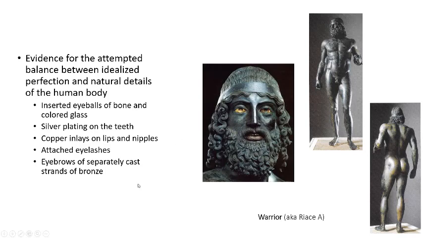There were even copper inlays, of the nipples, though I don't have a great picture of that, but you can certainly see the copper inlay of the mouth here, attempting to show the color. There were eyelashes attached, and the eyebrows were meant to extend. They're made from separately cast strands of bronze, trying to make them look very, very realistic.